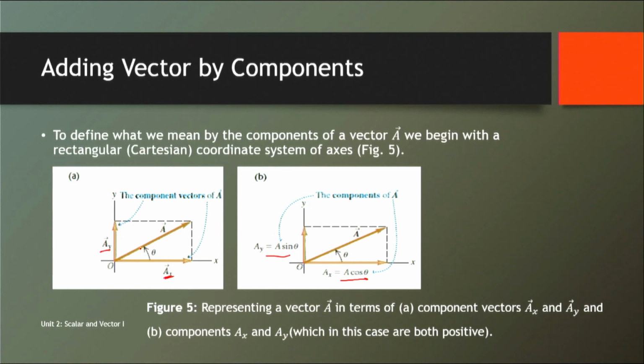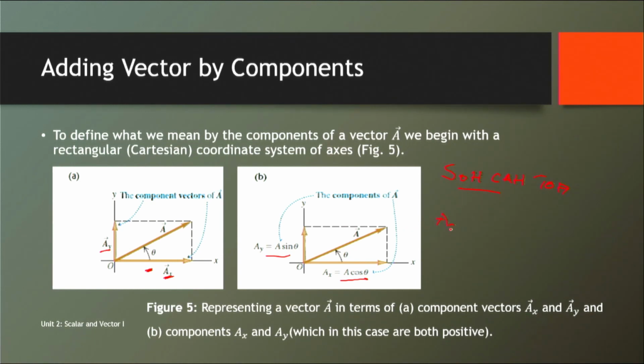Look at this triangle. We have a right-angle triangle here, and if we use the trigonometry that we know, which is SOHCAHTOA, we have for our AX, that is A cos theta. When we consider cos, which is adjacent over hypotenuse, our adjacent for this triangle is AX.